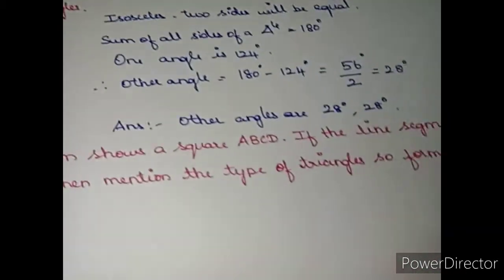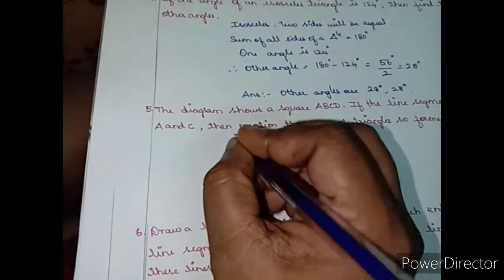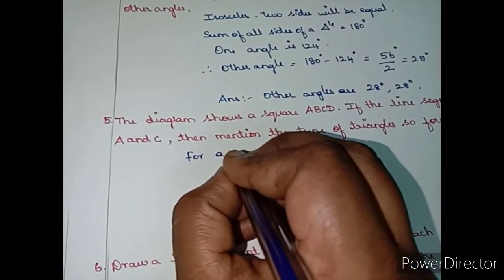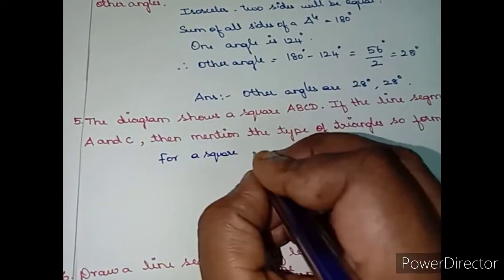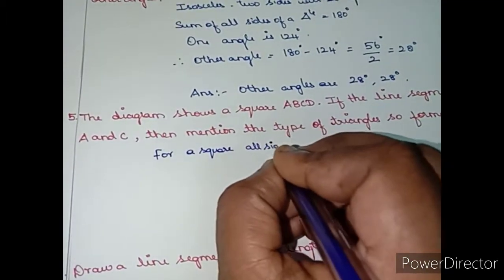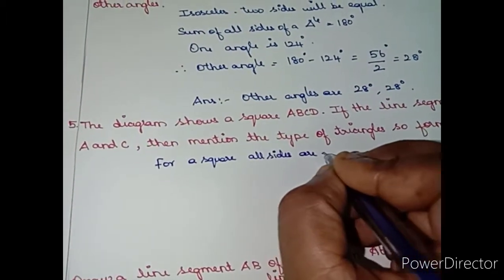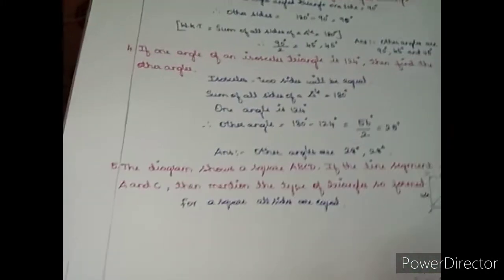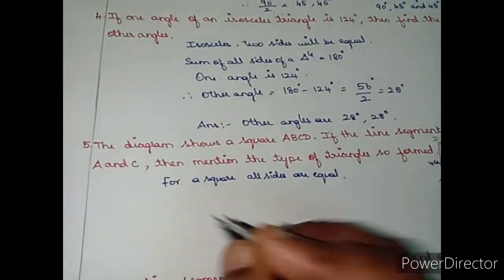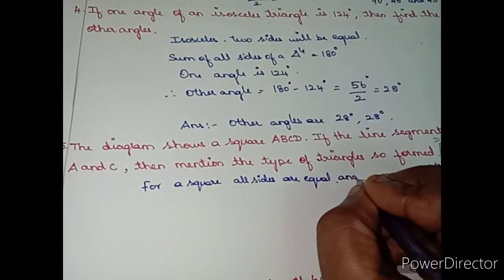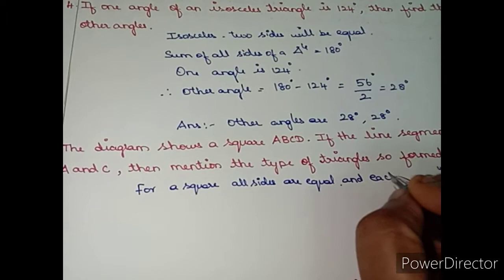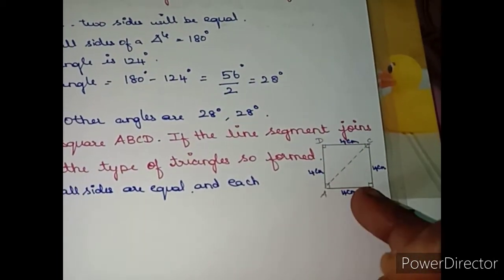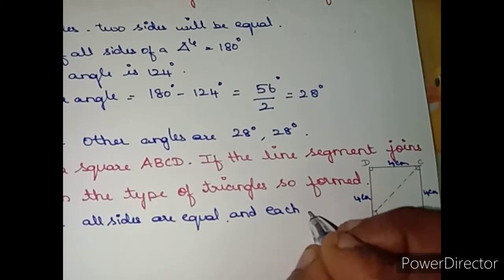Okay, so we'll write it in words now. So, for a square, all sides are equal. Okay, so you know all the four sides are equal and each, so you can see this mark, it shows it is 90 degree.